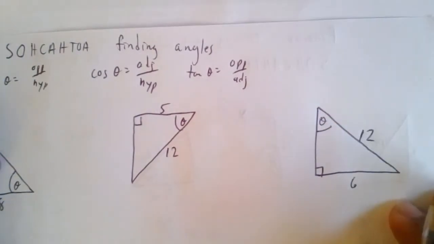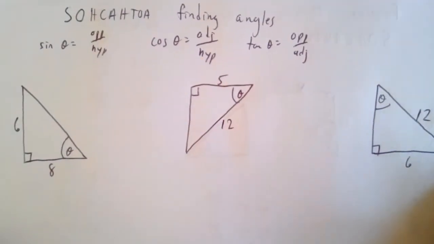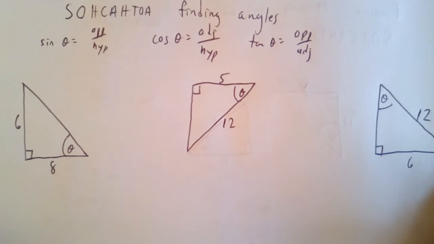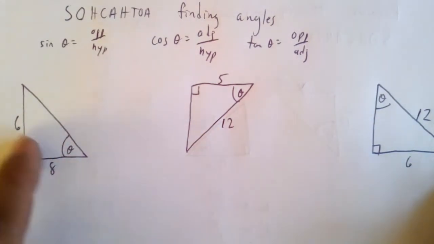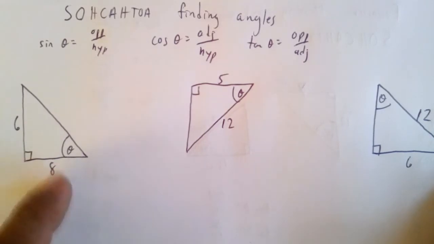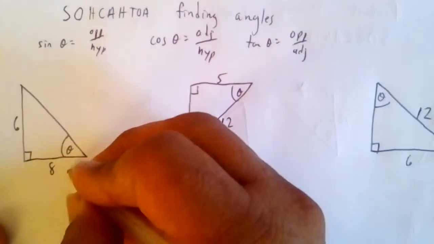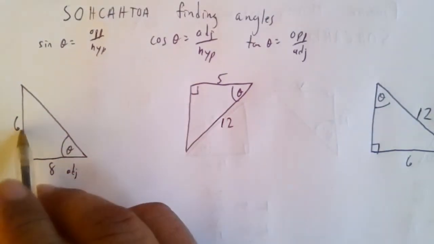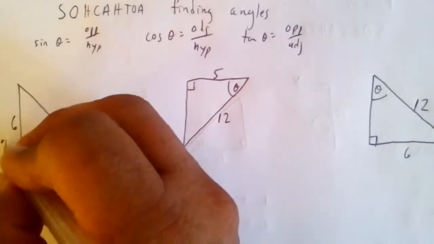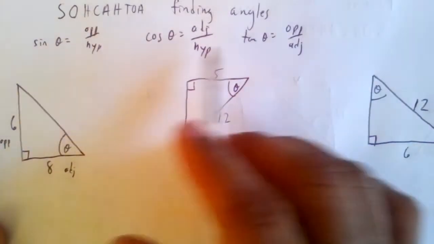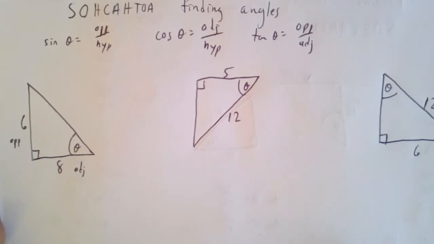Okay, so let's start. How do we work this out? Well, let's look at what we have been given. What is it that we have, and what is it that we are looking for? When we are talking of this particular angle, we have two sides given. We know that this side is adjacent to the angle, so this is adjacent. And this side here is opposite to this angle, so this is opposite. So we look at the three ratios and ask which one entails opposite and adjacent to find the angle.